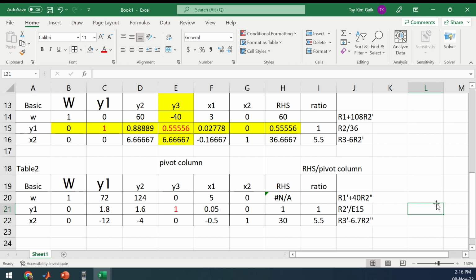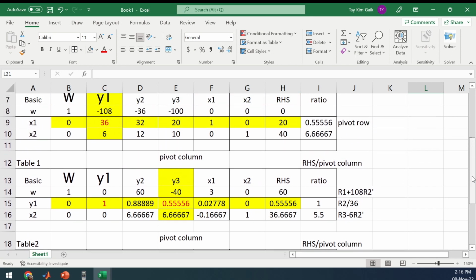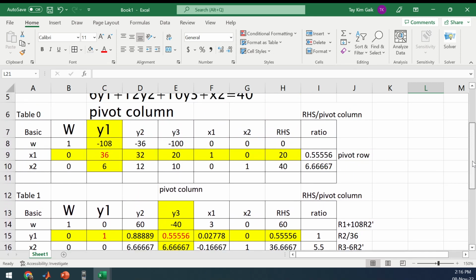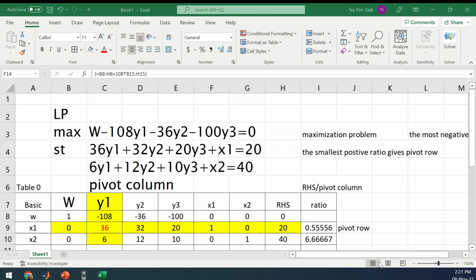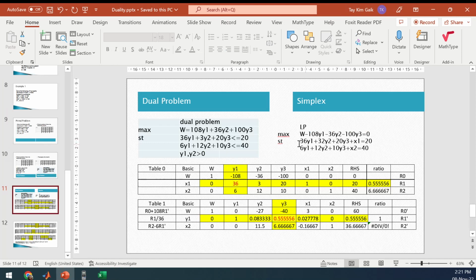I think I got something wrong. Let me check where is the mistake. Okay, there's a mistake in the previous slide, I think. Here.